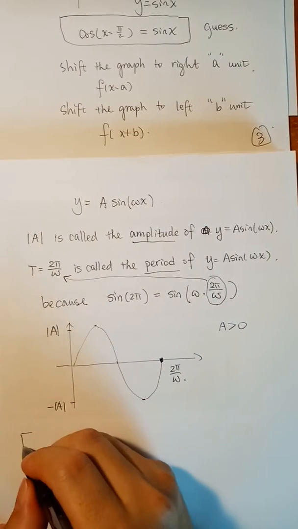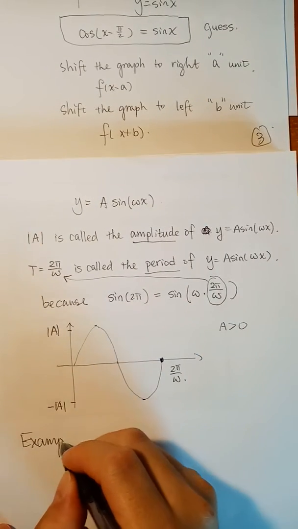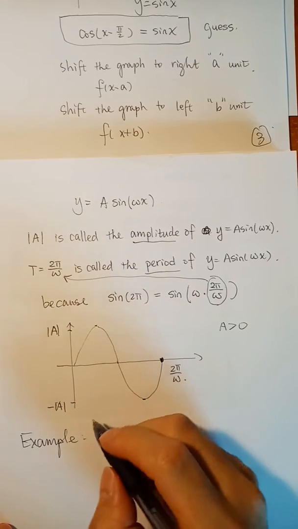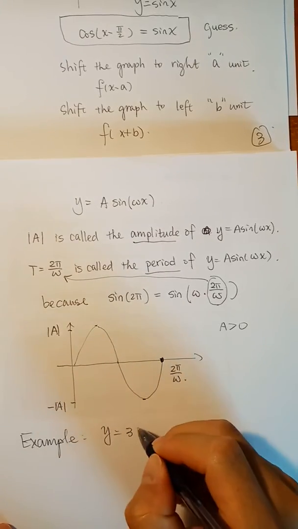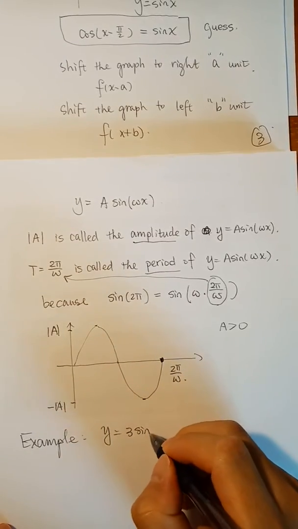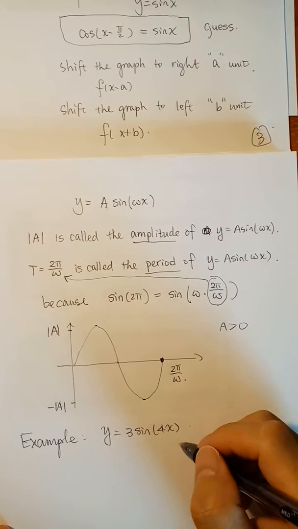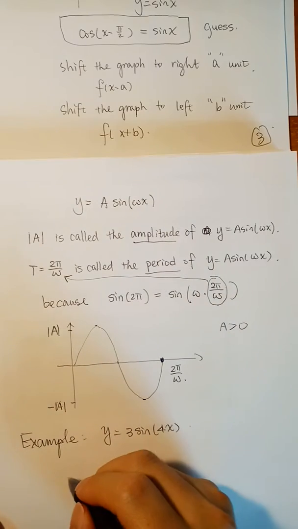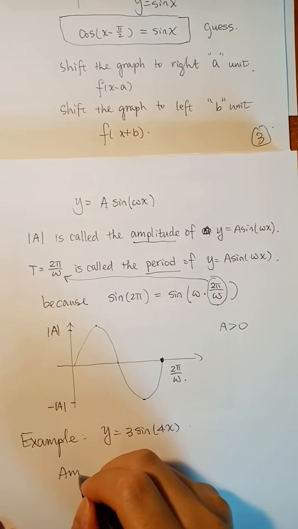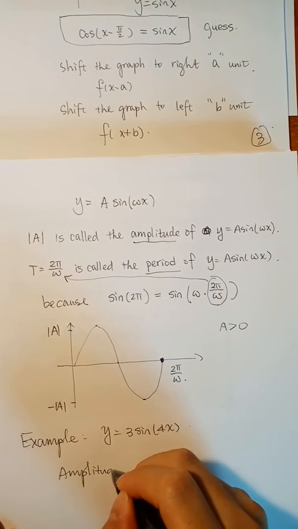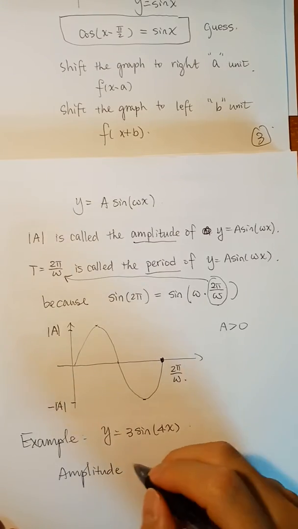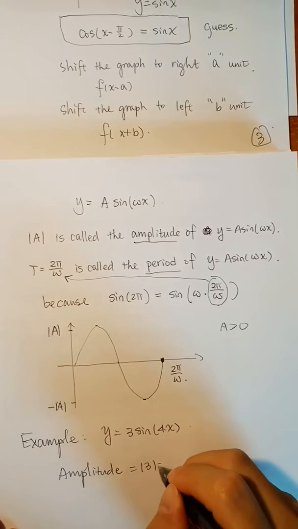For example, if we have y equal to 3 sine 4x, then the amplitude is the absolute value of 3, which is 3.